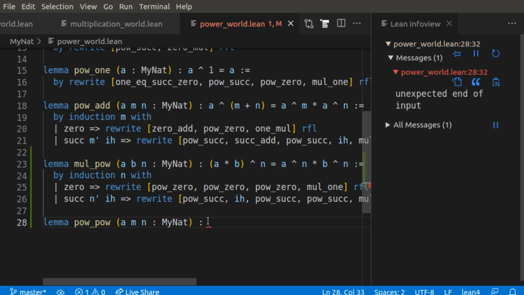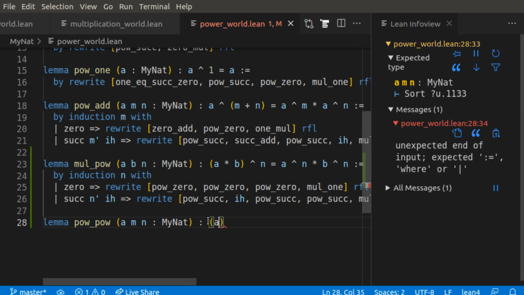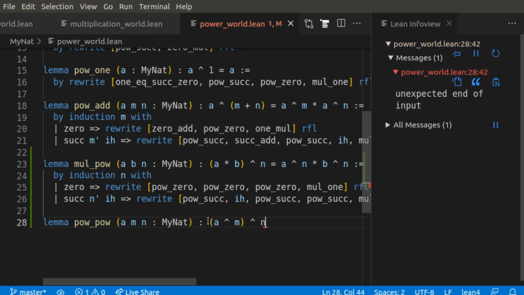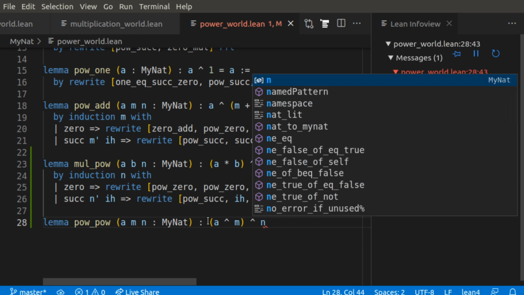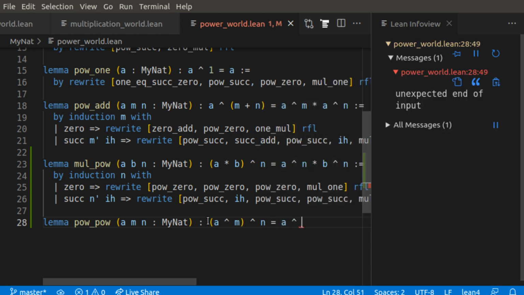And we want to prove that A to the power of M to the power of N equals A to the power of M times N. So here we can see that power is not associative, because else it would not be M times N, it would be M to the power of N, but on the different side of parentheses. But as we know, exponentiation is not associative or commutative, so these are not true. So this is not true.